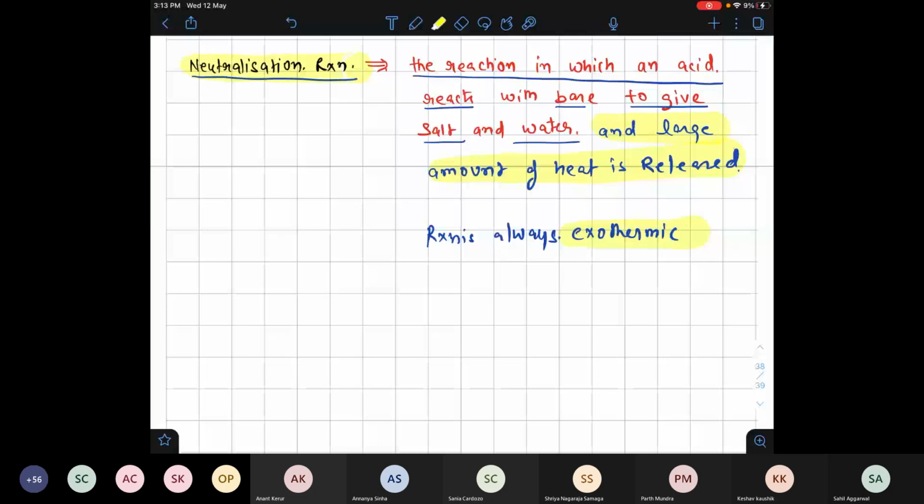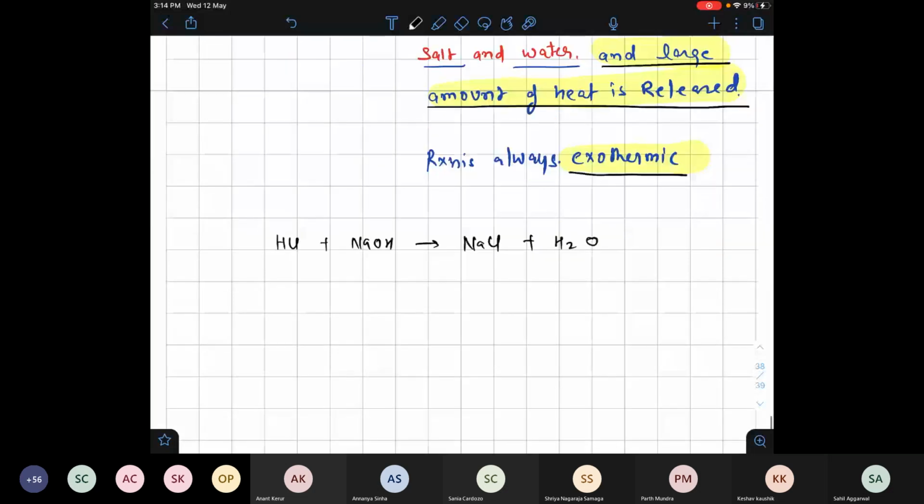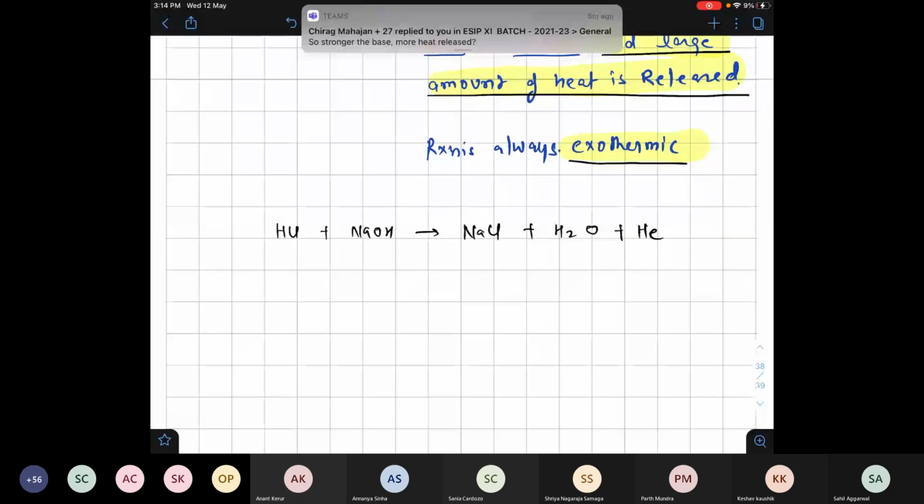Understood? So stronger the base, more heat is released.